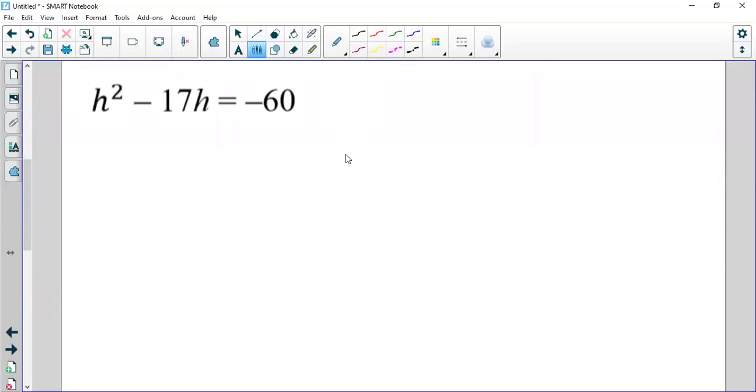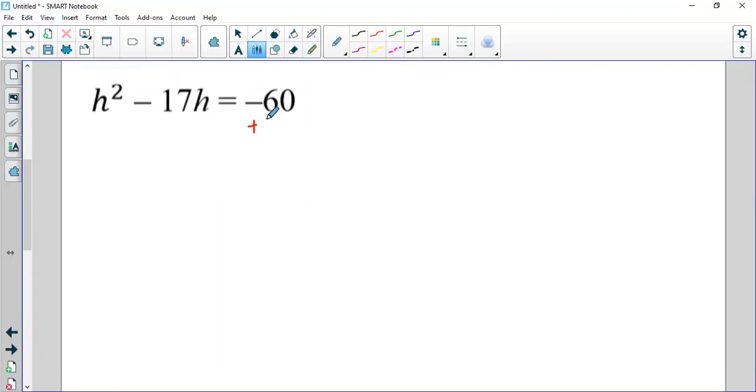The second equation you see is not equal to 0. This equation poses a problem, but I can solve that problem by manipulating it, adding 60 to both sides to make it equal 0.